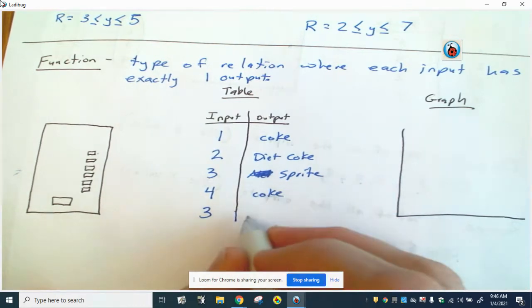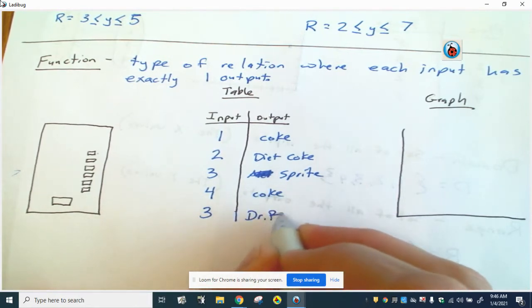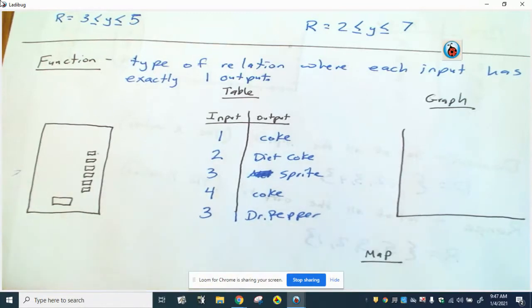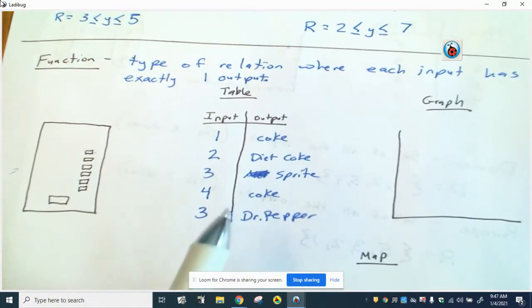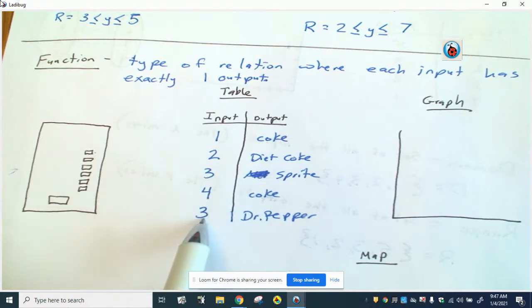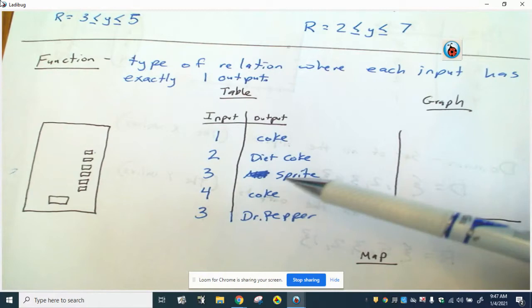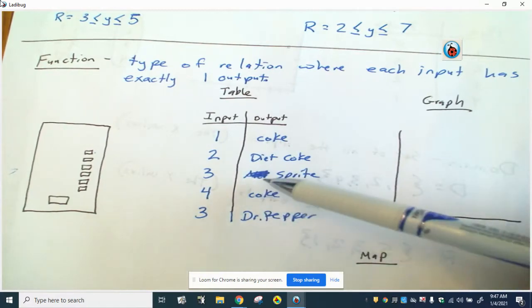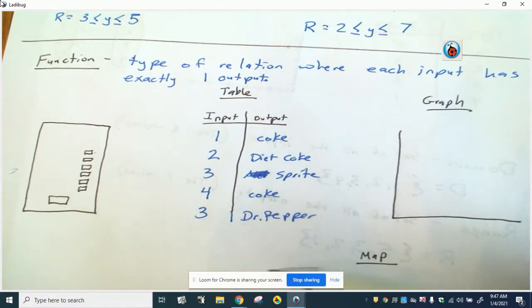But this time, we get a Dr. Pepper. Well, now I have a broken machine because for the same input, I have a different output here, right? And now I can't predict what the third button is going to give me.